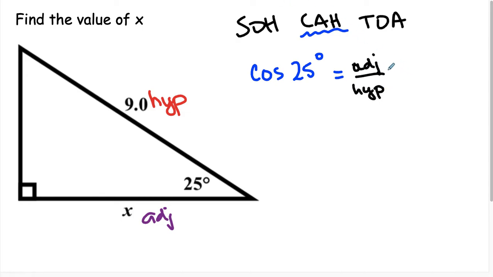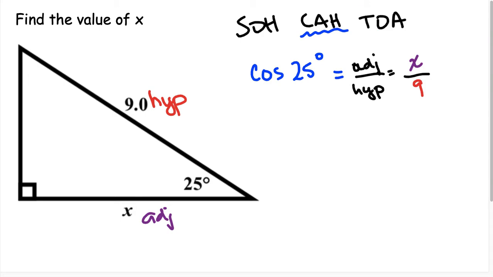The adjacent side here is x, and it's not always the case that x is in the numerator. Sometimes x will be in the denominator. It really depends on how you set up your ratio. And the hypotenuse here is 9.